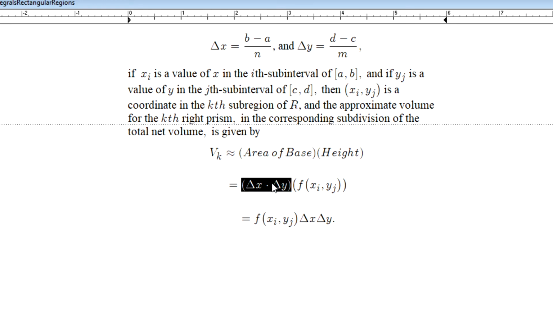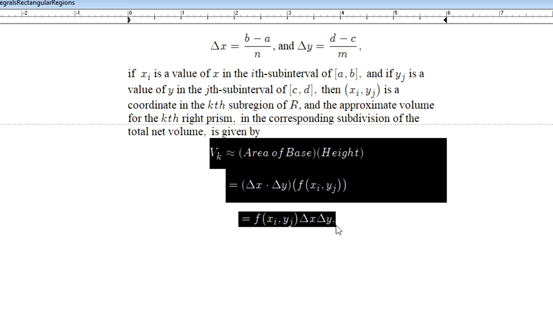Now, that being the area of the base, this being the height, we can do a little rearranging of those factors into a more familiar form. That being the form f of x sub i comma y sub j times delta x times delta y. That should look familiar to some other formal proofs I've done involving integration in the past.